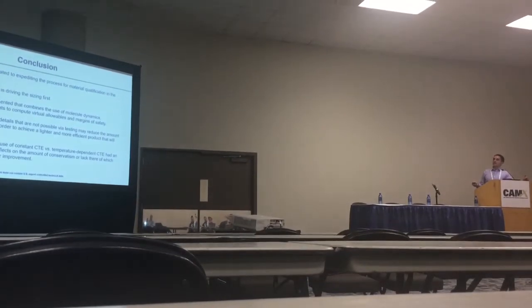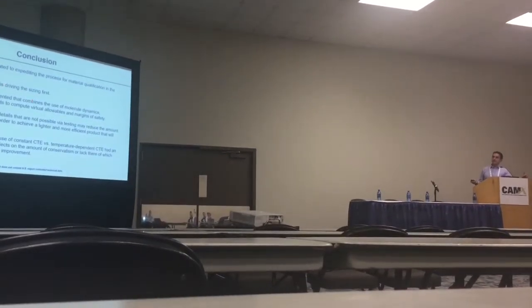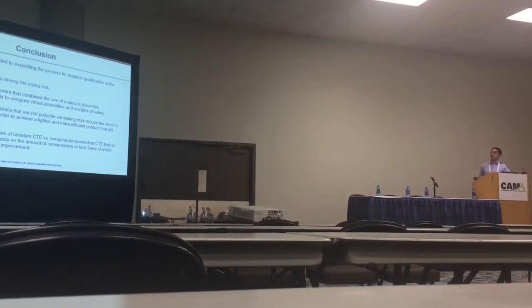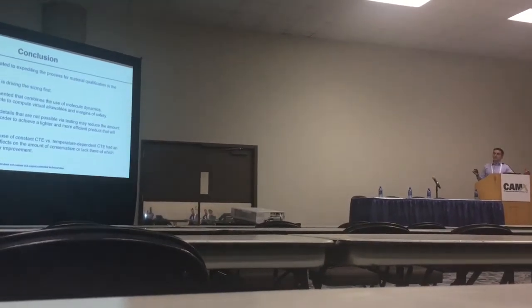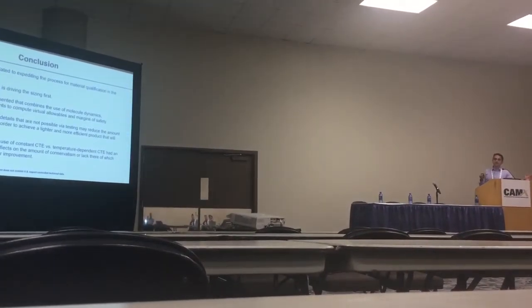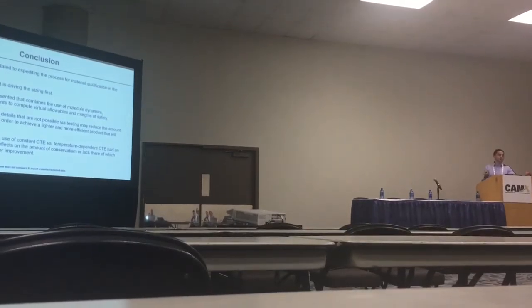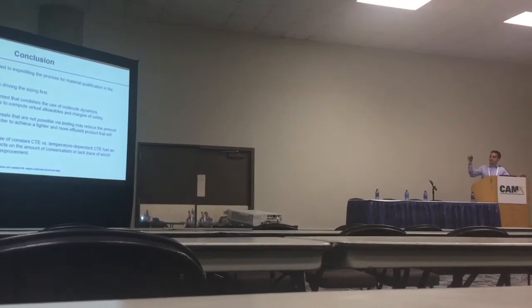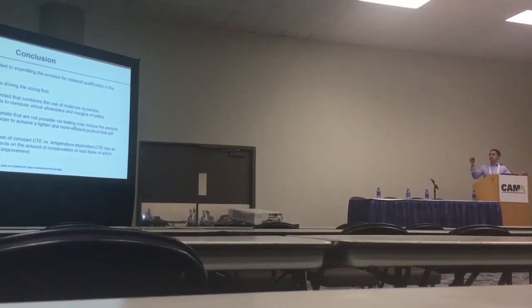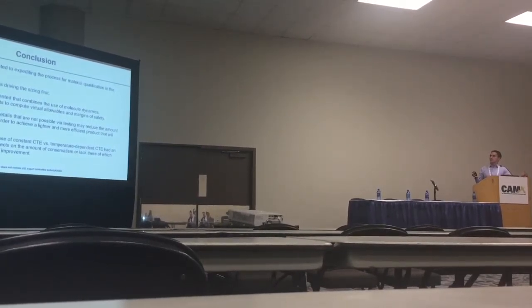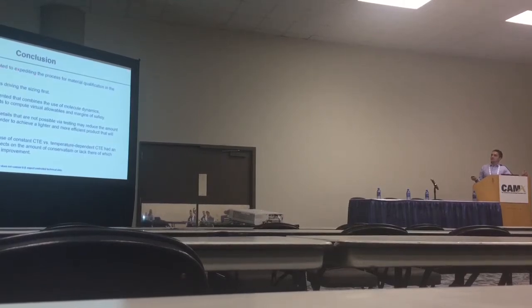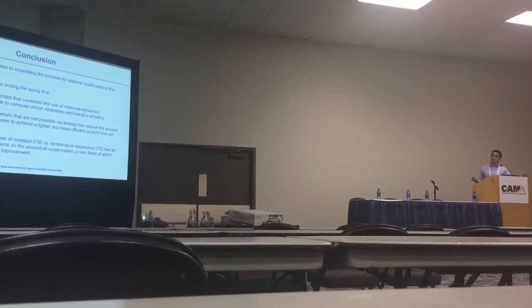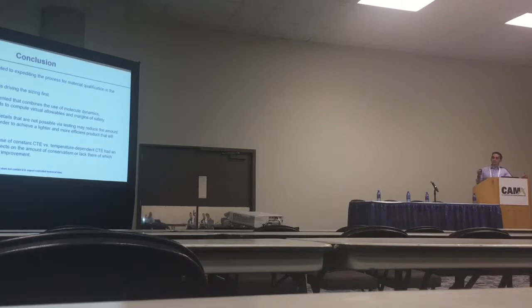I'm also saying you need to initially identify the allowable that's driving the sizing. There's no point in doing a bunch of testing in the preliminary design phase and even prior to CDR, prior to critical design review. I would highly recommend this approach, which is something we were trying to do in our committee as well. But identify the allowable that's driving the sizing, and then focus on that initially.